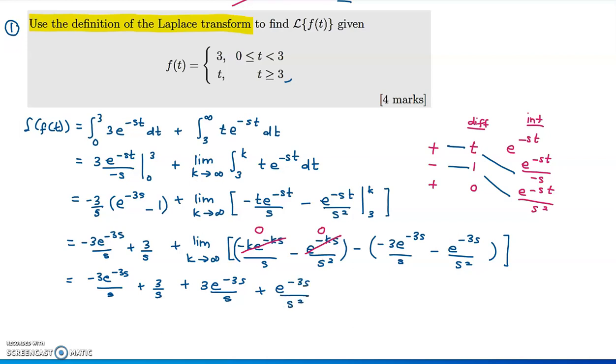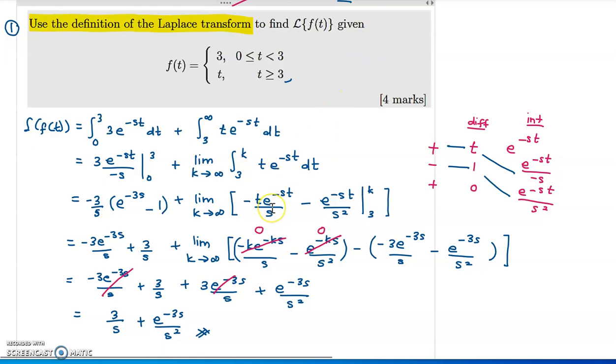We can simplify further because these terms cancel out. At the end we have 3 over s plus e^(-3s) over s squared. This is the Laplace transform for the given piecewise function f(t).